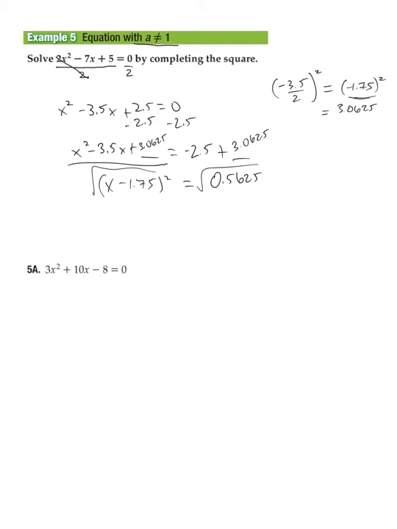You're going to square root both sides, because the square root of 0.5625 is 0.75. So I knew that would work out nicely if we didn't round. A little bit of a cheater there on my part.